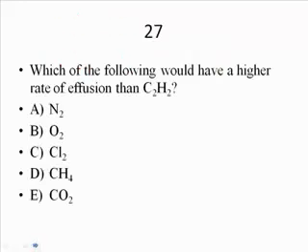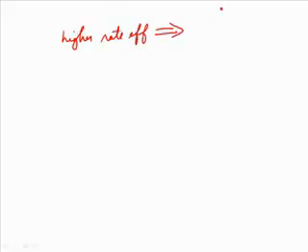(27) Which of the following would have a higher rate of effusion than C2H2? We are assuming that these gases would be under the same conditions to make this comparison. A higher rate of effusion implies a lower mass.